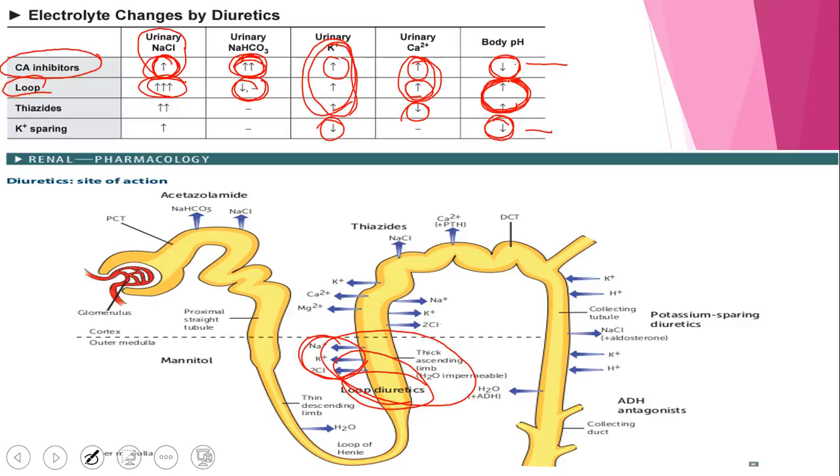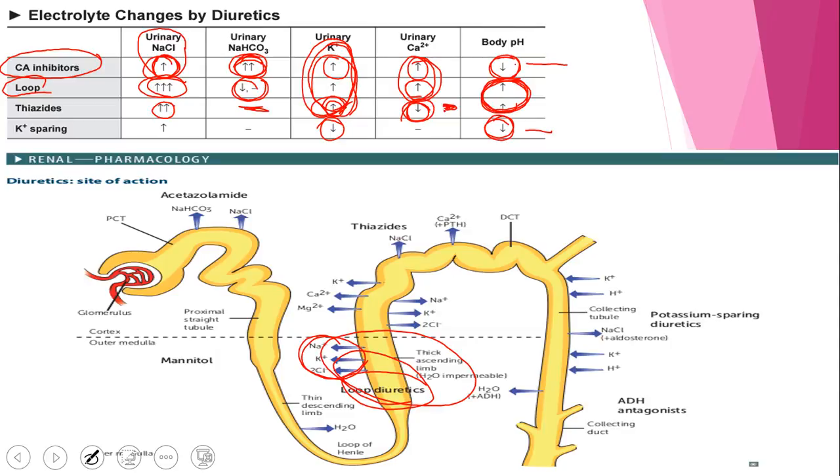Okay, your thiazides, that's going to get rid of some sodium chloride. It doesn't really have any effect on bicarb. This one increases your urinary potassium along with all the other ones except for the potassium sparing. It's going to decrease your urinary calcium. So thiazides are really a good thing to do if someone's hypocalcemic, because it's the only one that decreases your urine calcium.